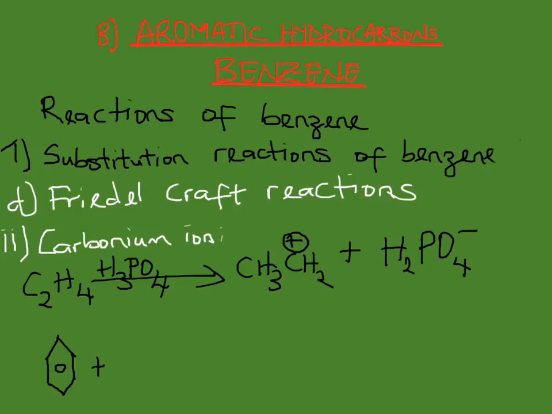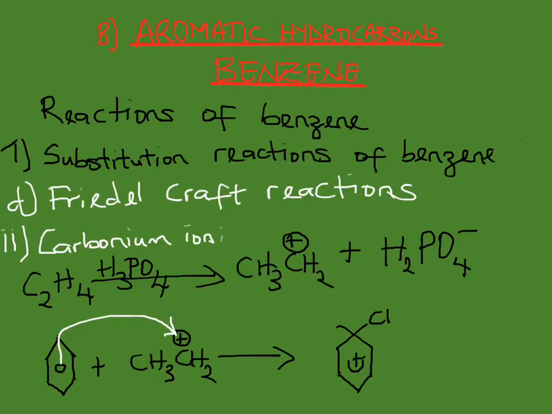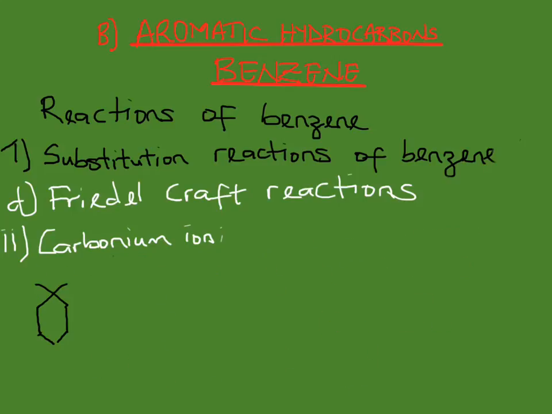Carbonium ions of alkenes. The alkylation can also be achieved using an alkene with phosphoric acid as a catalyst. The alkene is converted into a carbonium ion, as you can see.